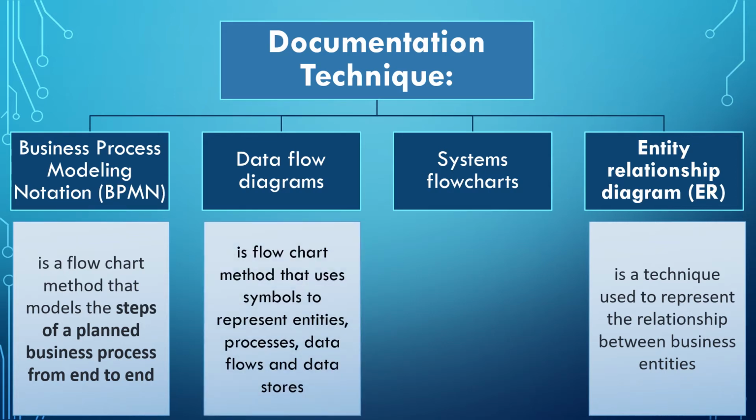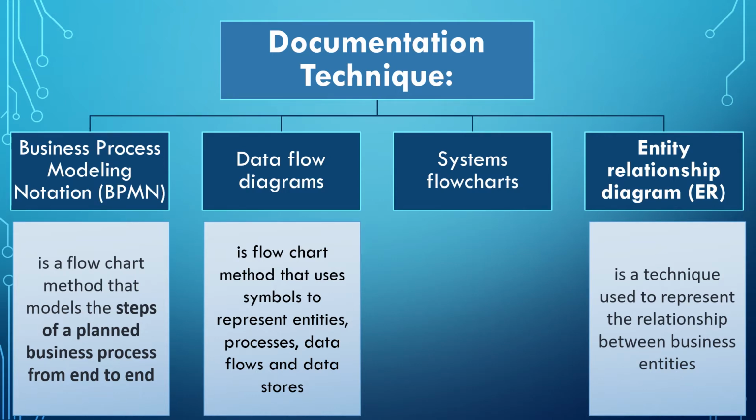Then data flow diagrams, or DFD, are a flowchart method that uses symbols to represent entities, processes, data flows, and data stores. So you can see here that data flow diagrams represent entities, processing and the type of processing, whether automated or manual, data flow, and also the data storage.